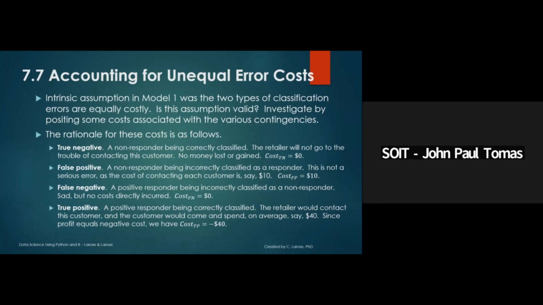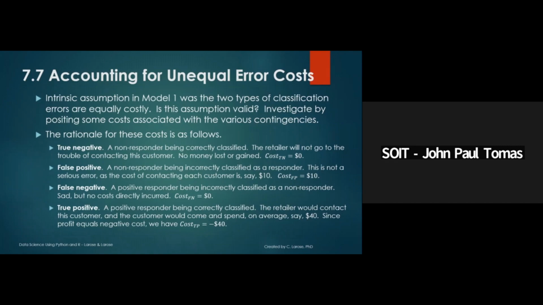And then, of course, we need to do more investigation by posting some cost, and this cost will be associated with the various contingencies. So it means that we have a result of the model, and we will be applying costs. Okay, and this cost will give us a better understanding whether we will be spending more or we will just retract the idea of doing a marketing campaign.